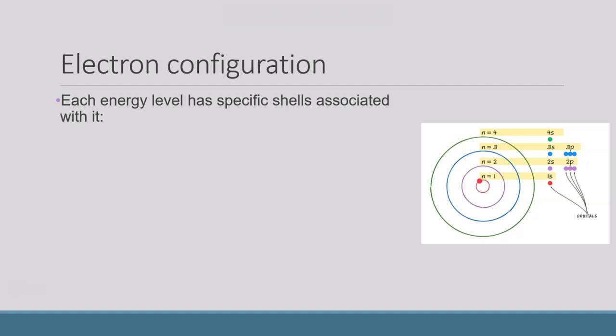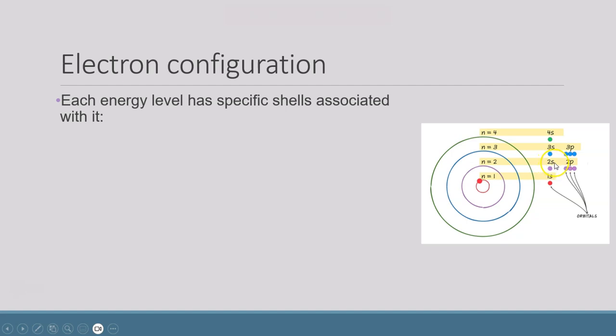Now, each energy level has specific shells associated with it. The first energy level, n equals 1, has an S shell associated with it. We call it a 1s shell because it is an S shell in the first energy level, and that can hold a maximum of 2 electrons. In the second energy level, we have an S shell and a P shell.